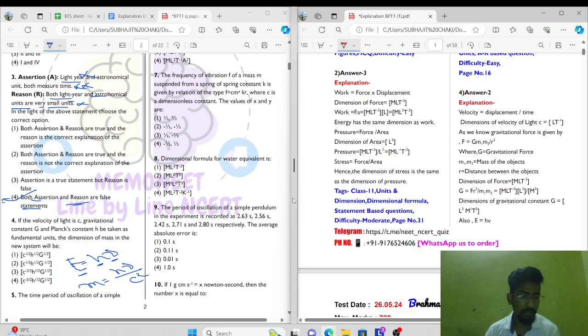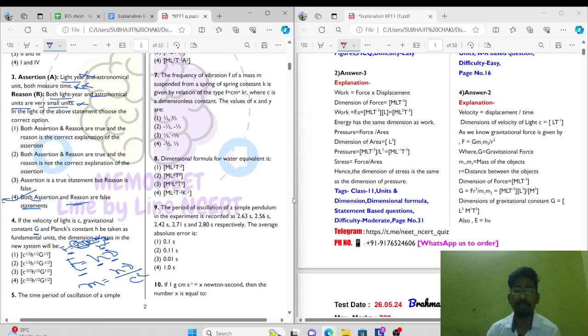Now the gravitational constant. In Newton's gravitational formula, F equals G m1 m2 by r square, where m1 and m2 are the masses of two objects, r is the distance between the objects, G is the universal gravitational constant, and F is the gravitational force. First calculate the dimension of G. Dimension of G equals dimension of F into r square by m square.